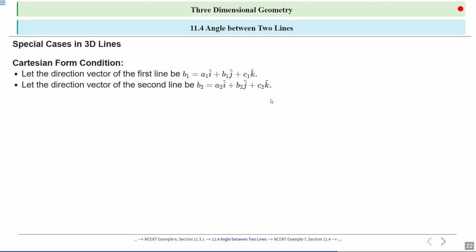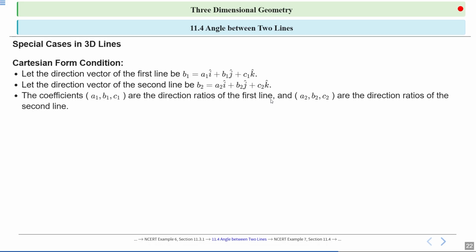Let the direction vector of the second line be b2 equals a2 i cap plus b2 j cap plus c2 k cap. Now the numbers a1, b1, c1 are called the direction ratios of the first line, and a2, b2 and c2 are called direction ratios of the second line.